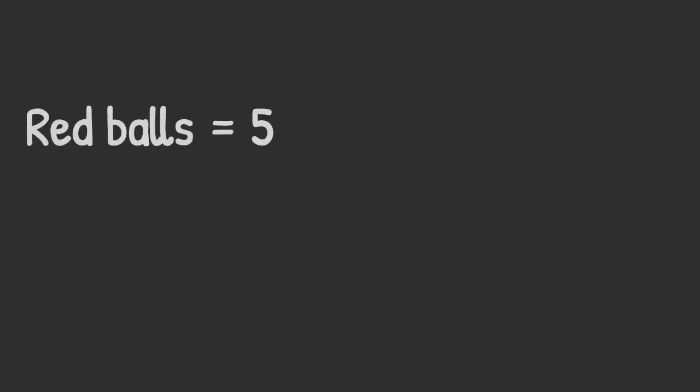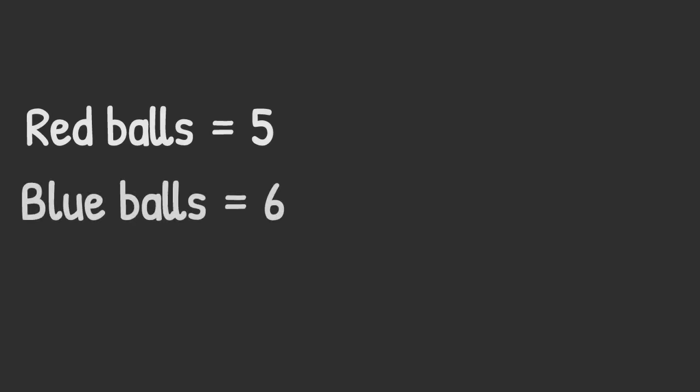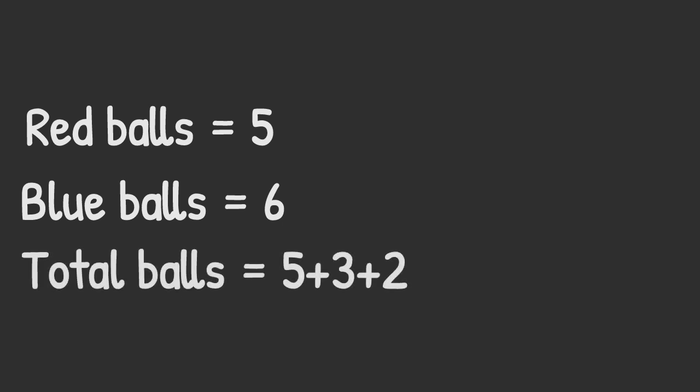So the question requires us to find the probability of red balls and blue balls. In that case, red balls become our first event, while blue balls become our second event. And then the total number of balls, which is 5 plus 3 plus 2, will give us 10.